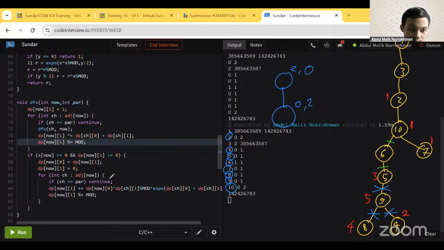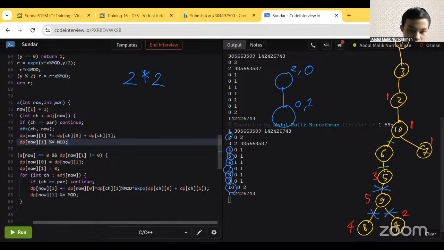What else? We will iterate for our child. We will add to DP 1 the DP now 0 times DP child 1 times 2.